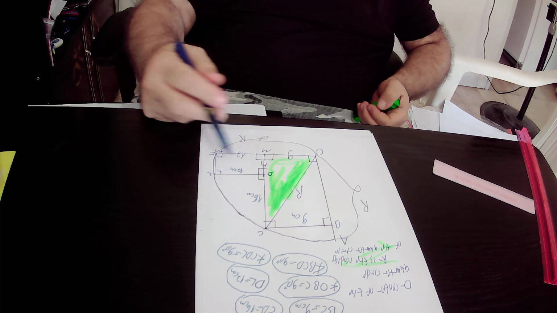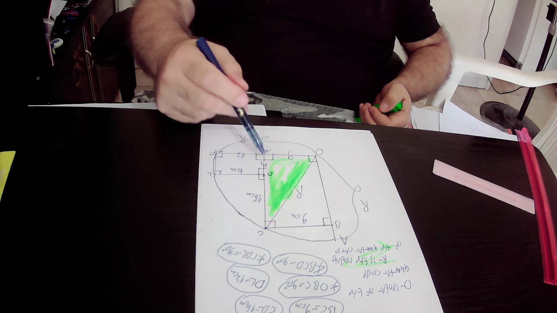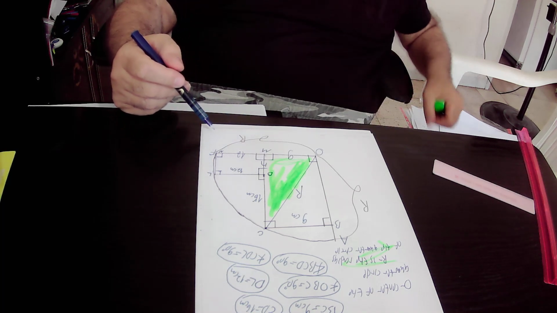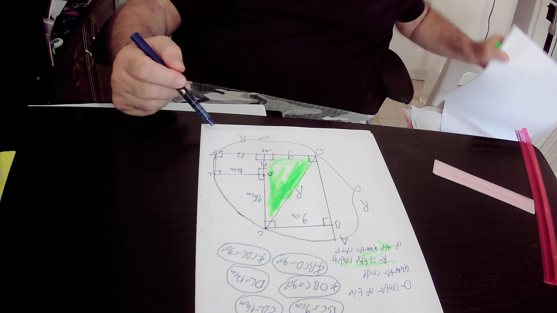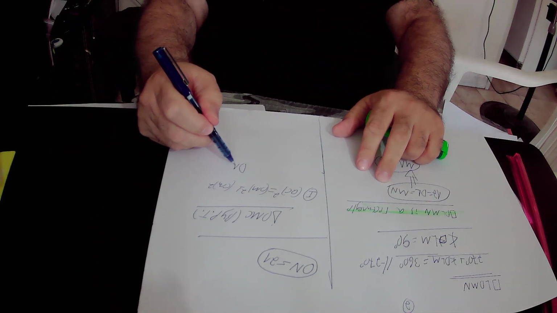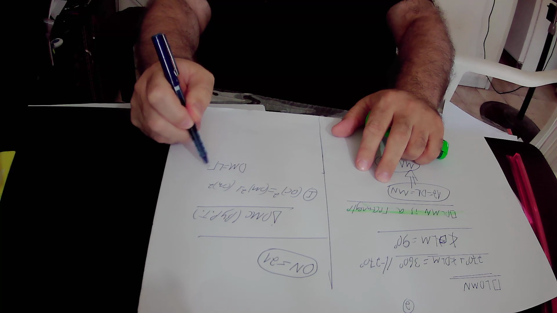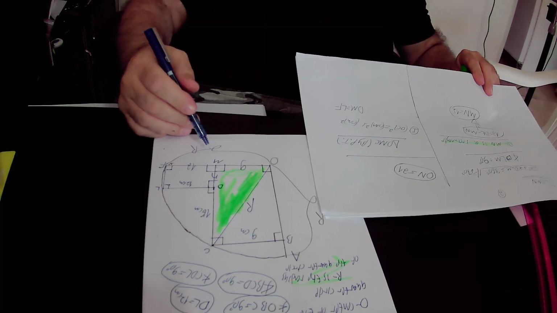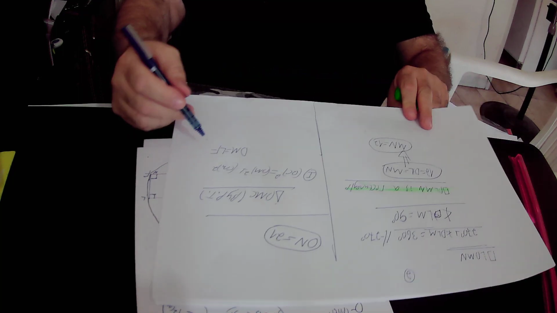So in rectangle DLMF, we know that side DM equals side LF. But according to our definition, side DM equals h.